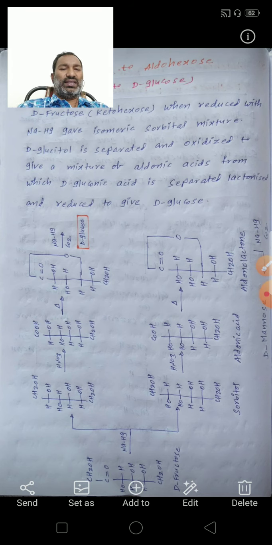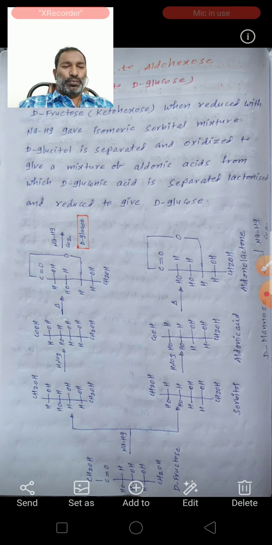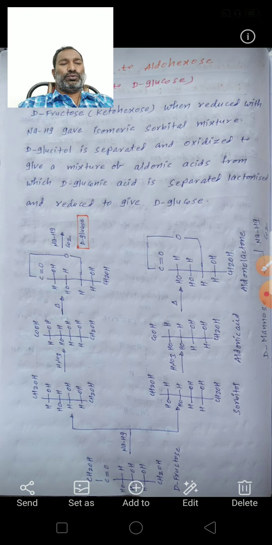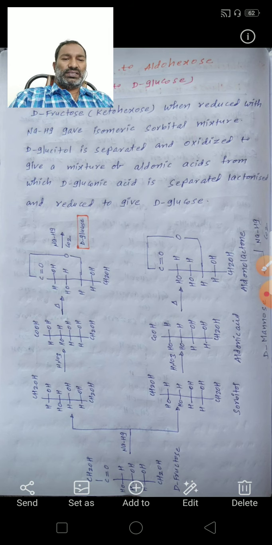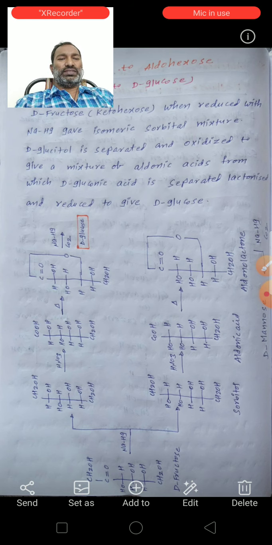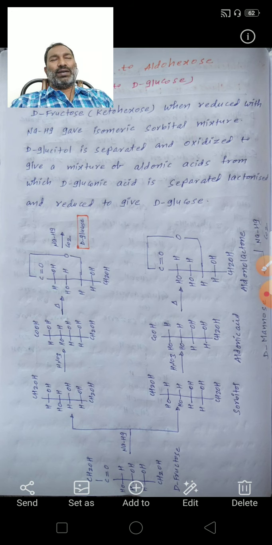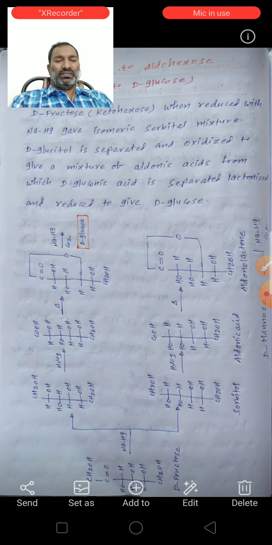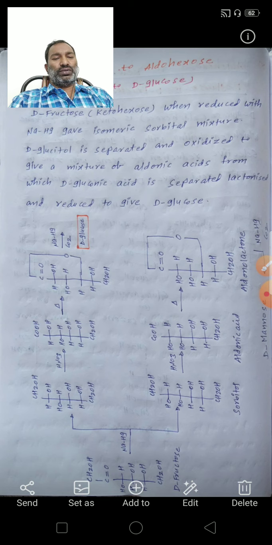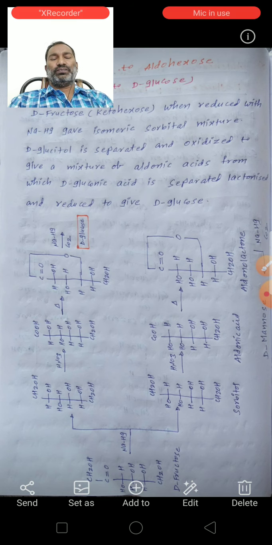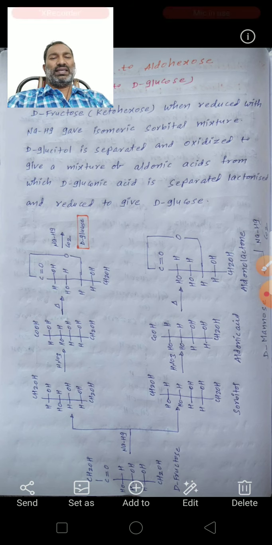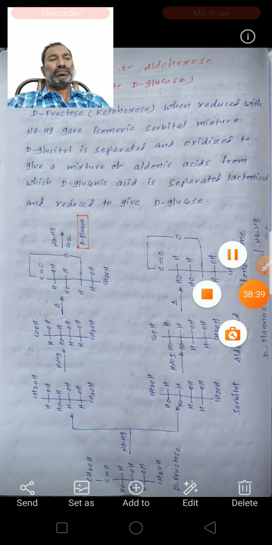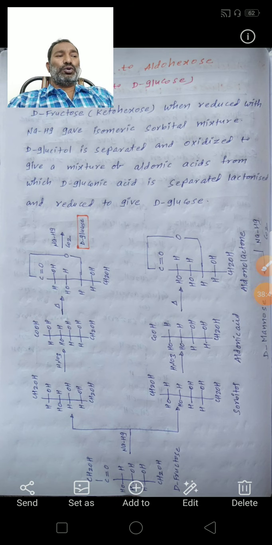So these are the interconversions of carbohydrates. Aldopentose to aldohexose: here the same functional group and one carbon atom increases. Second, aldohexose to aldopentose: here the same functional group and one carbon atom decreases. The one carbon atom increase reaction is known as Kiliani-Fischer synthesis. The one carbon atom decrease conversion is known as Ruff's degradation. The third one is aldohexose to ketohexose.